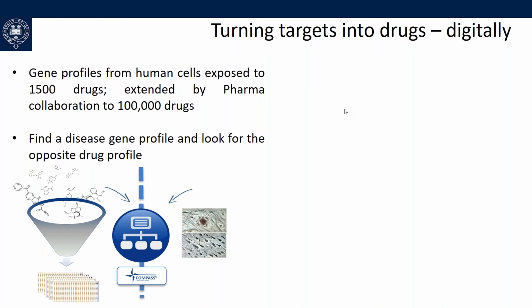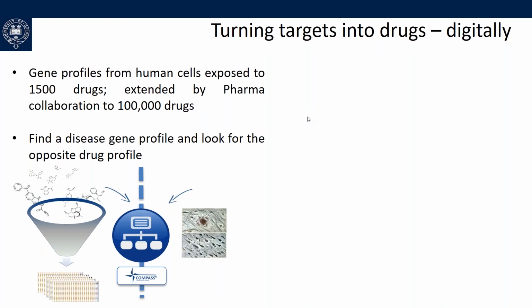Basically, some very clever people had a great idea, and funded by the NIH, they took some human cells, they exposed those human cells to a drug, and they did this 1,500 times, so with 1,500 different drugs. And in a collaboration we have, that's now extended to 100,000 drugs, but the stuff I'm showing you is just from 1,500 drugs, still quite a lot.